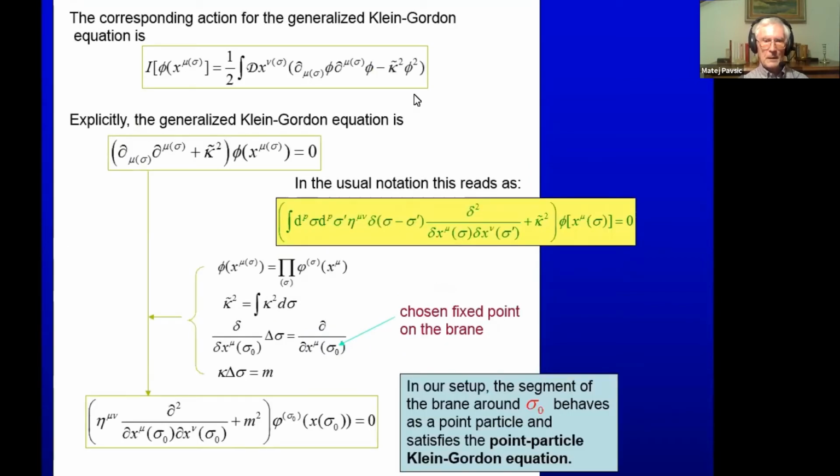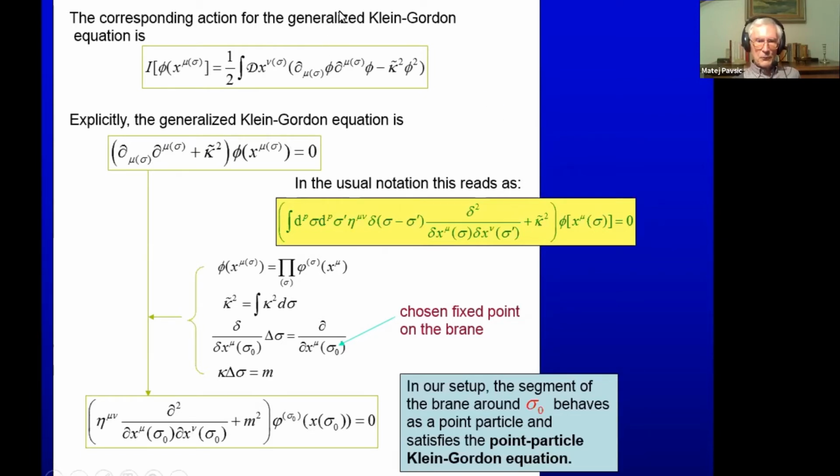Okay, the corresponding action for the generalized Klein-Gordon equation is this one here. This is just like the well-known Klein-Gordon equation. In this notation, you just see straightforwardly that this is generalized to infinite dimensions.